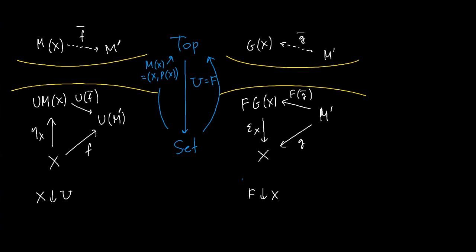So what if M prime has very few open sets? If M prime has very few open sets, I still want G to be continuous. Right? So I need to have in X as few open sets as possible. And so the fewest possible ones we can have is the indiscrete one, right?